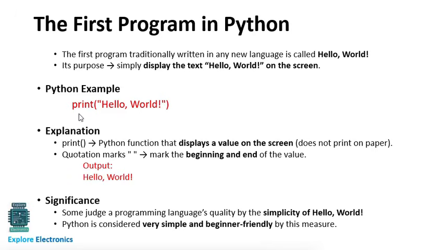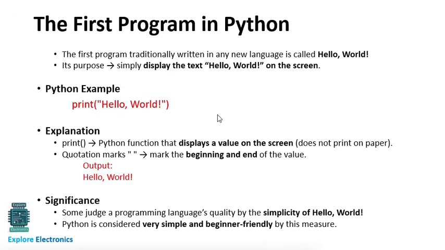Here I will explain what this print indicates. It is a Python function that displays a value on the screen. Whatever you write in those brackets, it will display as it is on the screen.